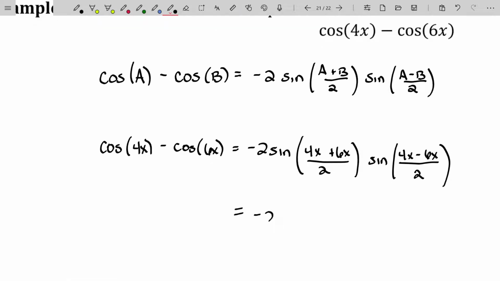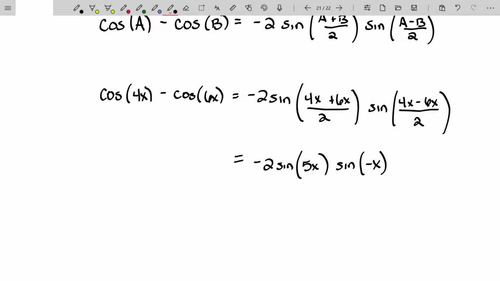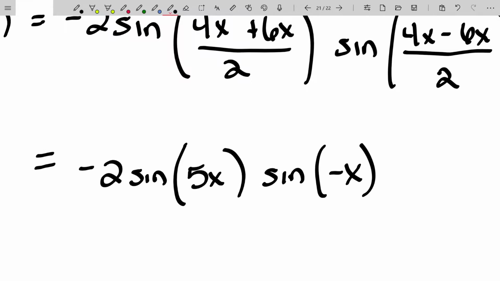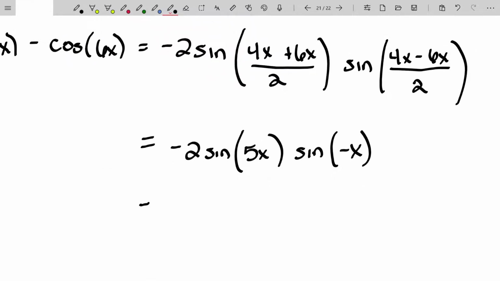So negative 2 sine of 10x over 2, which is 5x, times the sine of negative 2x over 2, which is negative x. And again, as I mentioned in the previous problem, you will often run into these even odd identities. Sine of negative x is negative sine of x. We have a negative out front, they cancel, so you get 2 sine of 5x sine of x.